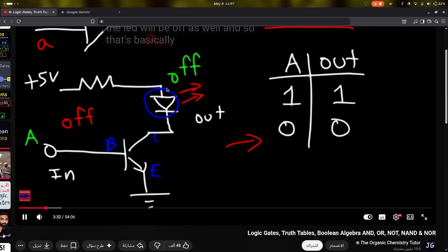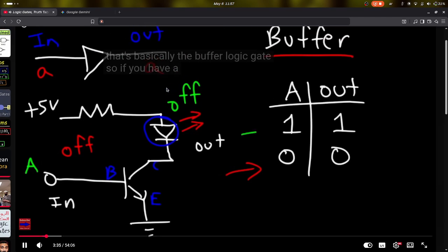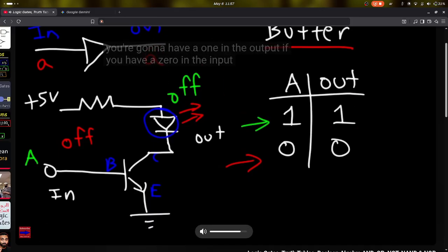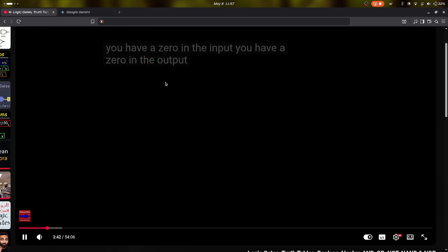And so that's basically the buffer logic gate. So if you have a 1 in the input, you're going to have a 1 in the output. If you have a 0 in the input, you have a 0 in the output.